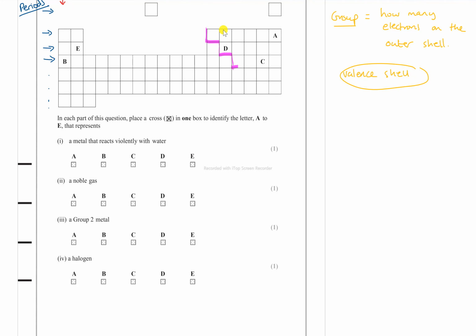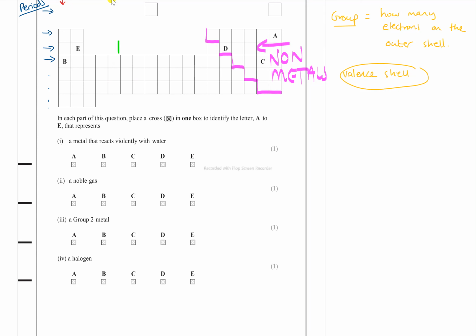Just step all the way down. One step, and then those two. These here are the non-metals. And these here are the metals. That's poor, that is. Let's try that again with something else.